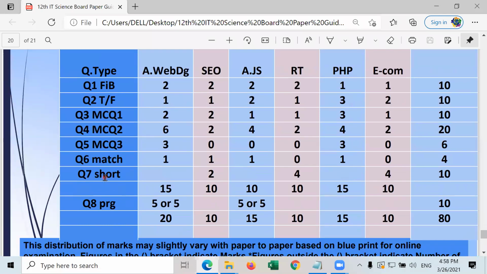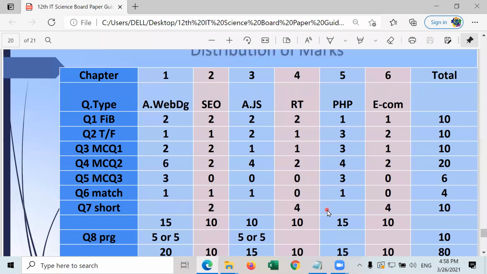For question number 7, that is long answers, you do not have to study chapter number 1, 3, 5. So which chapters will you study for the last question? You will study SEO, then emerging technology, that is chapter number 4, and you will study e-commerce and e-governance. For question number 7, you will be studying chapter number 2, then 4, and the last chapter, that is e-commerce and e-governance.